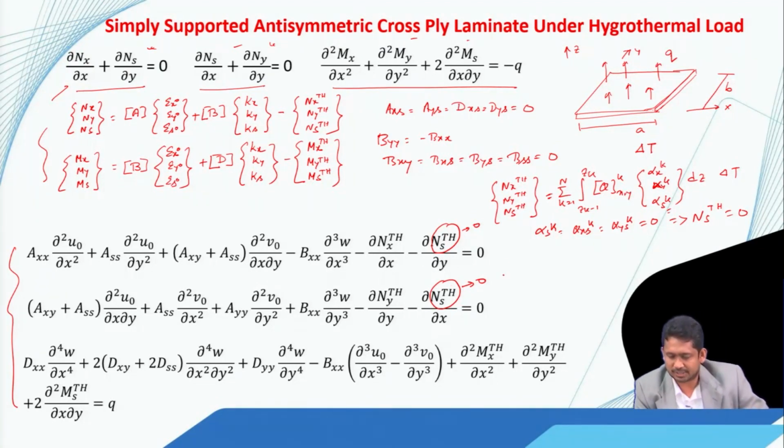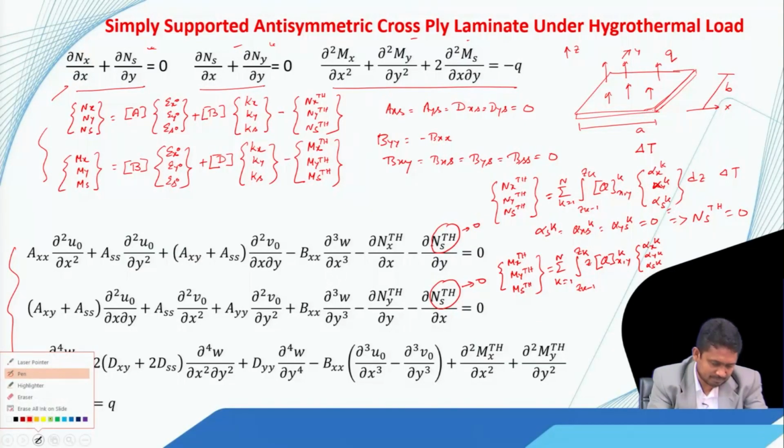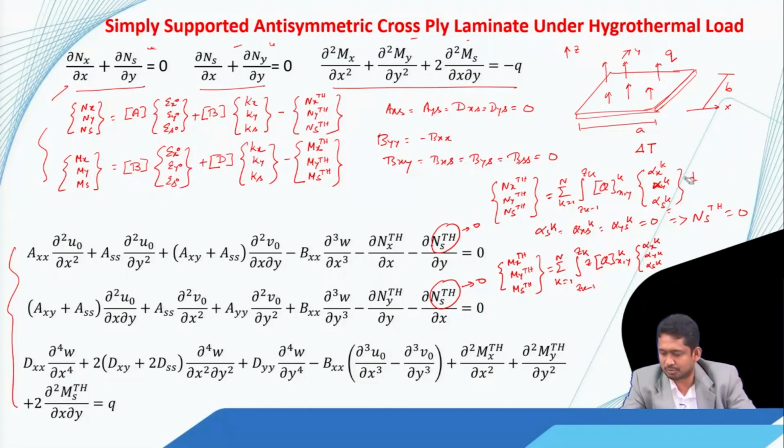Similarly, if we look at the definition of the hydrothermal moments, the definition is k equal to 1 to n, integral from zk minus 1 to zk, of z into Q matrix in the xy system for the kth ply, alpha xk, alpha yk, alpha sk, and we have here the effect of both temperature and moisture.